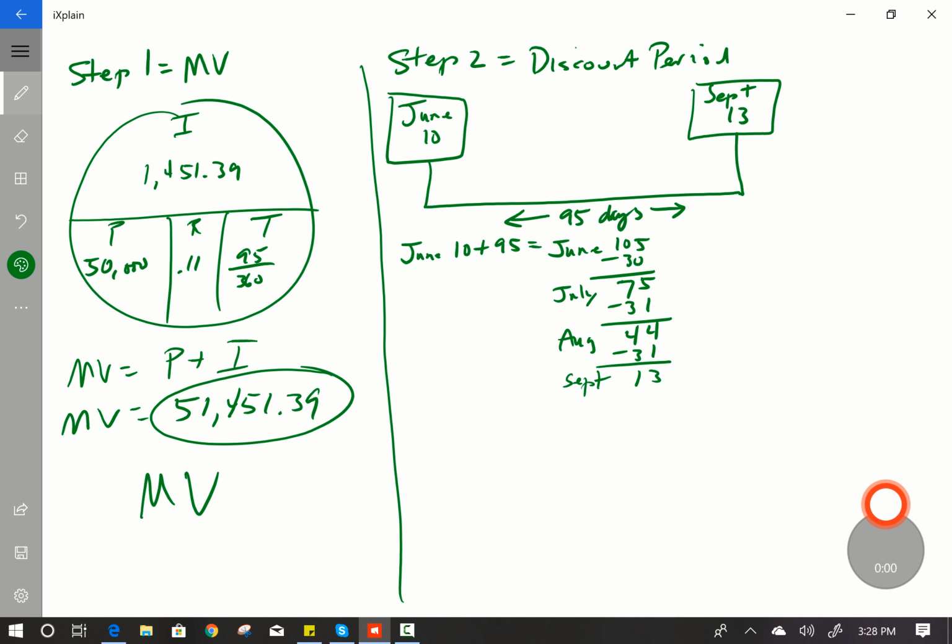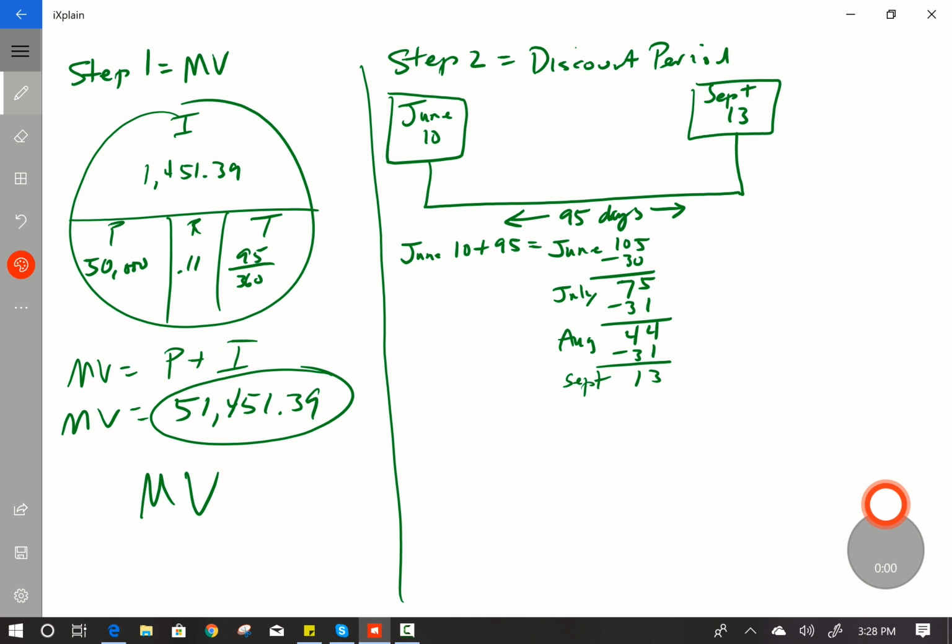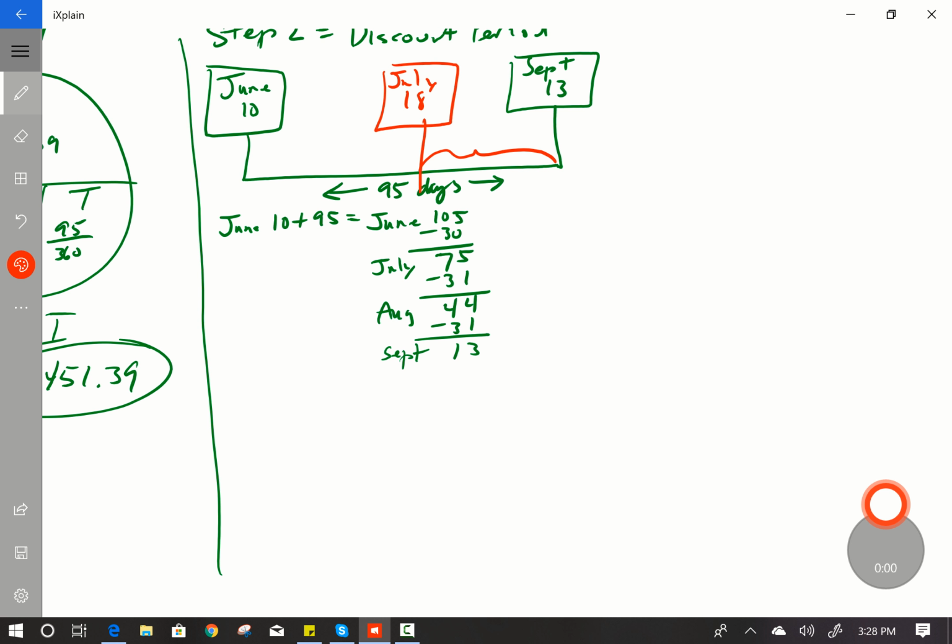Okay, now we're going to discount this note on July the 18th. We need to find the number of days between July the 18th and September the 13th. Okay, to do this, I know that July has 31 days in it.